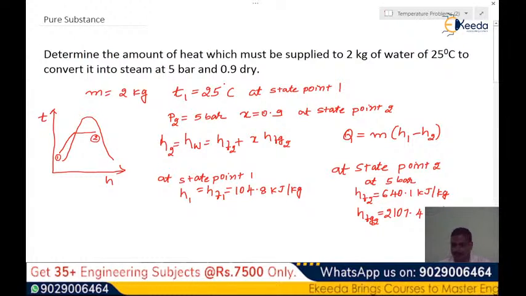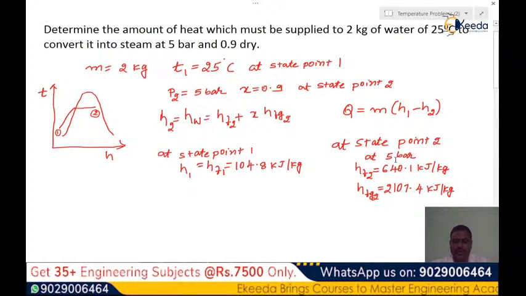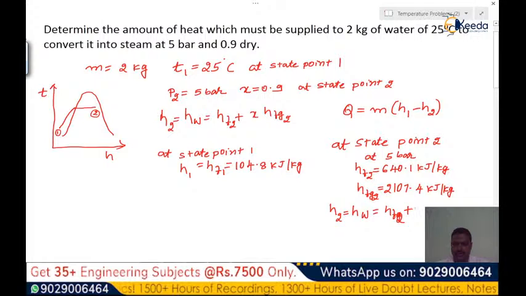Now to find out H2, we have the formula: H2 equal to HW is equal to HF2 plus X into HFG2. It is not simply HFG2, it is X into HFG2 because it is a wet steam.